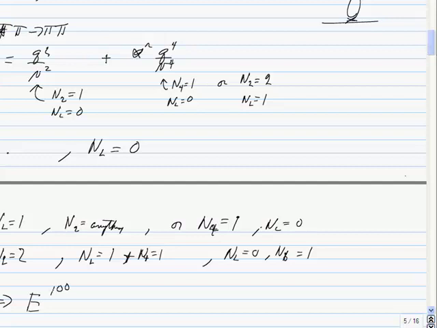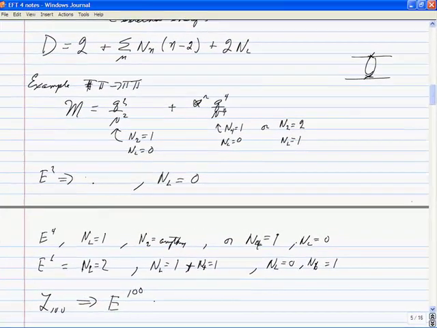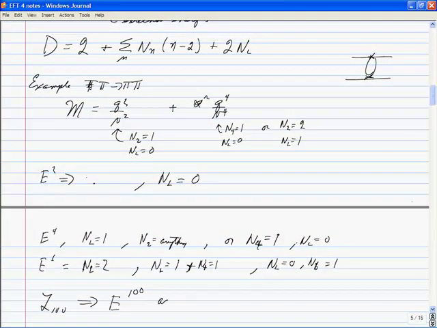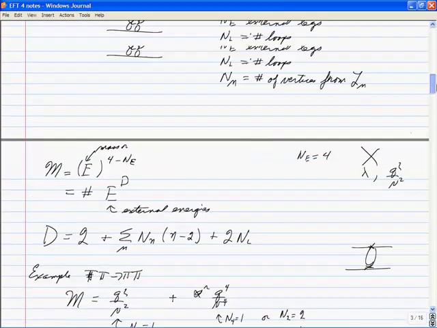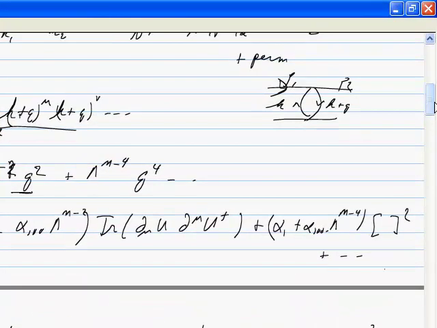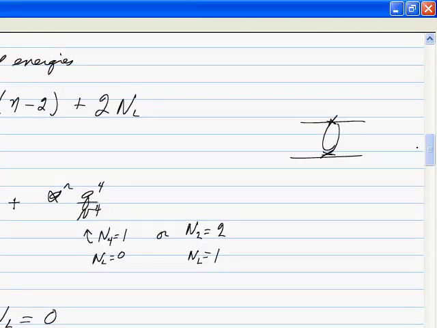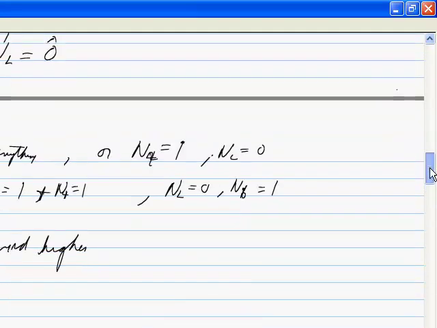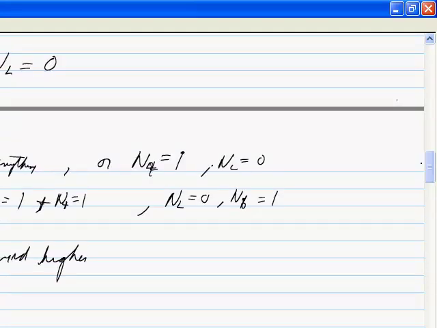So it starts at e to the 100 and higher. So I started off here with 100 derivatives. I pretended that I got down to lower orders, but Weinberg's theorem says that that can't happen. So what's going on? Let's first prove Weinberg's theorem, and then you'll see what's going on.